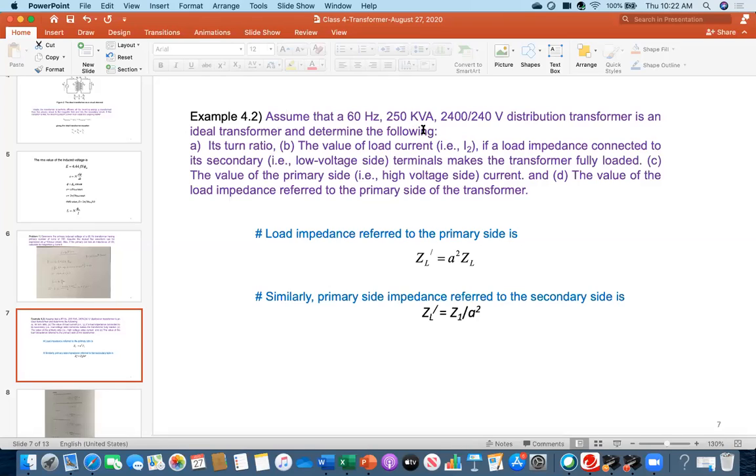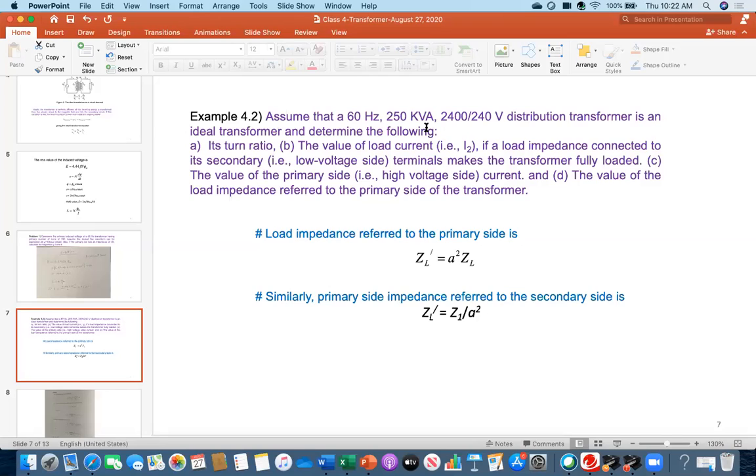It is never ever rated in terms of kilowatt or megawatt. You will get the answer why, hopefully next class or another class. But at this point, everybody keep in mind that a transformer is always expressed in terms of MVA or kVA. This means volt ampere, not watt.